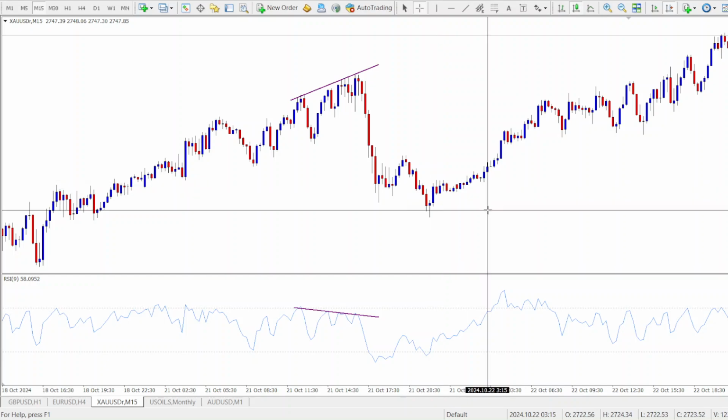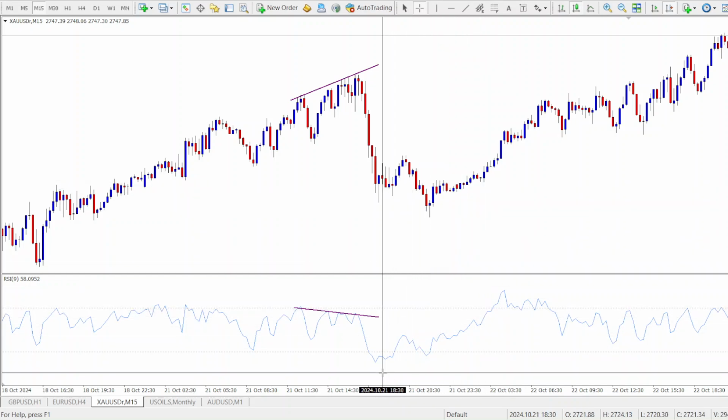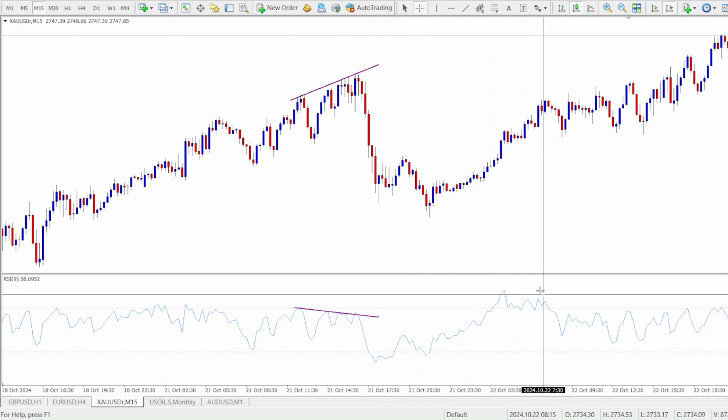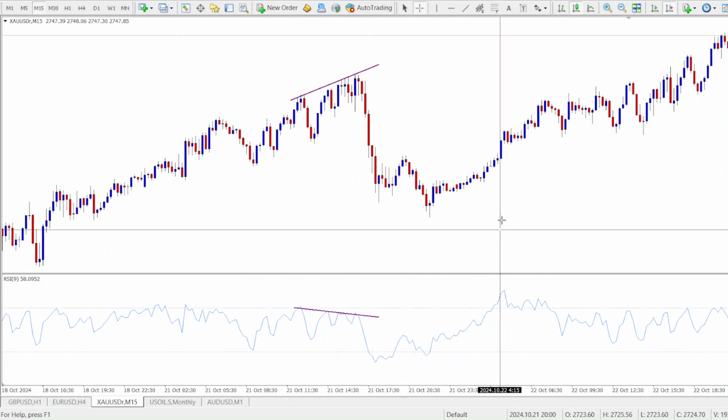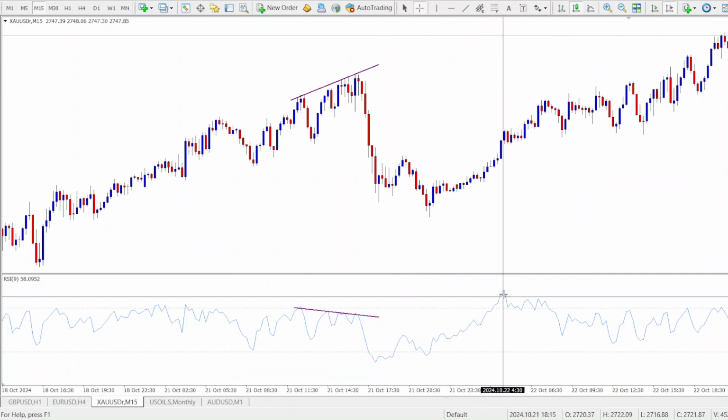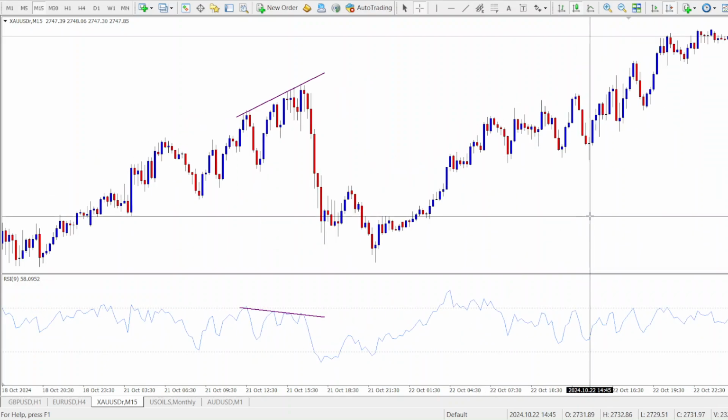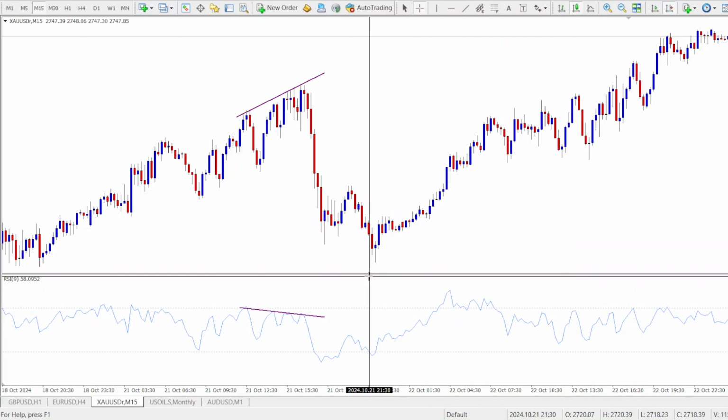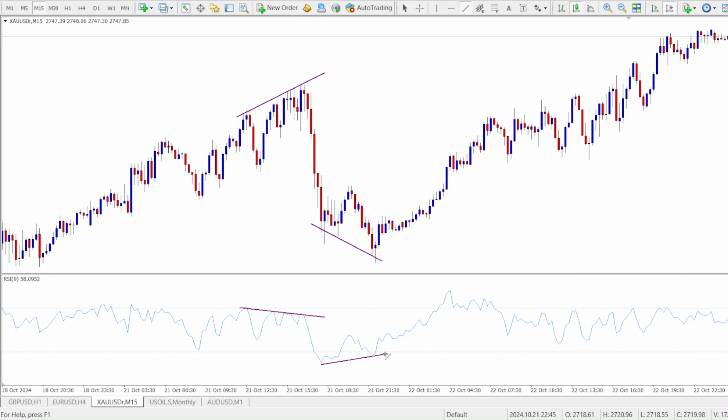On the other hand, if you find the RSI making higher lows, but price making lower lows, as we can see that happened around here, it could signal a bullish divergence.